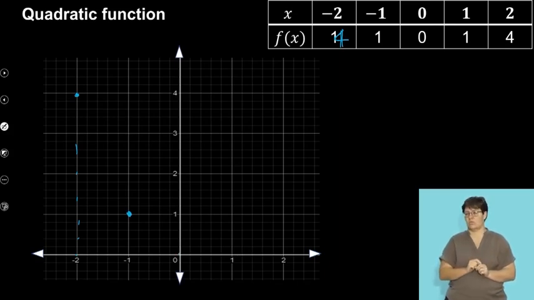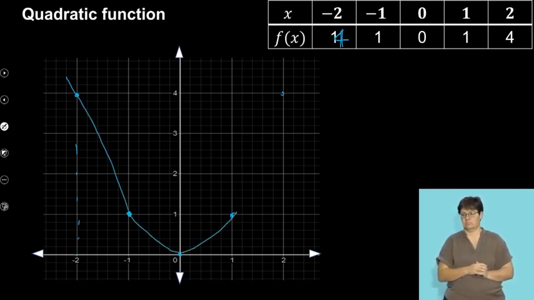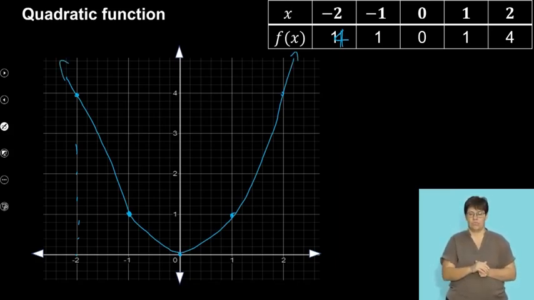0 with 0, 1 with a positive 1, 2 with a positive 4. And then you just join these points like this, and it will give you a curve like that. At the end, we normally indicate the end of the graph with an arrow to show that this is actually going to continue indefinitely.